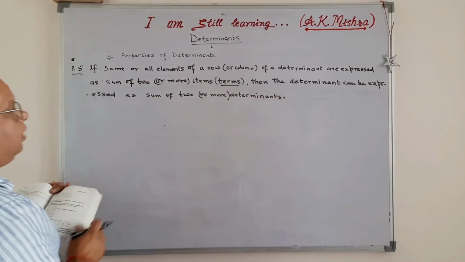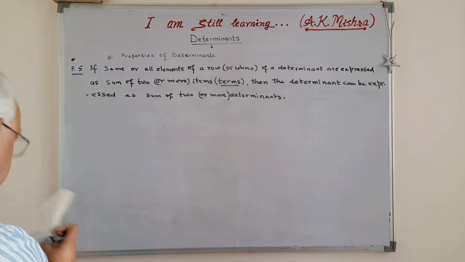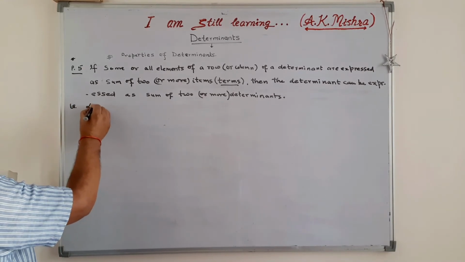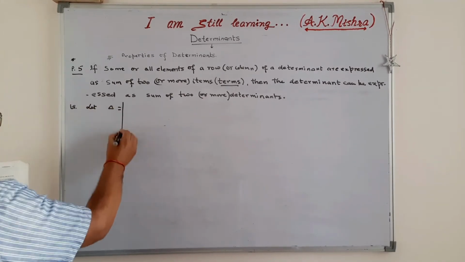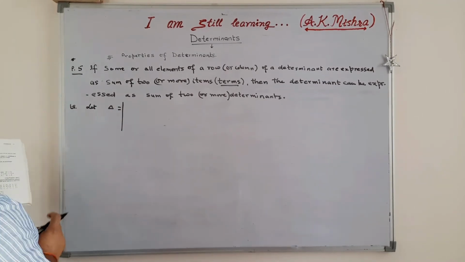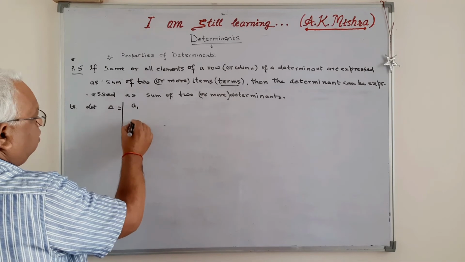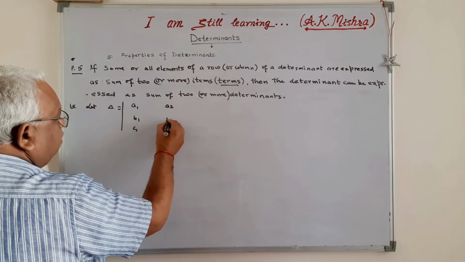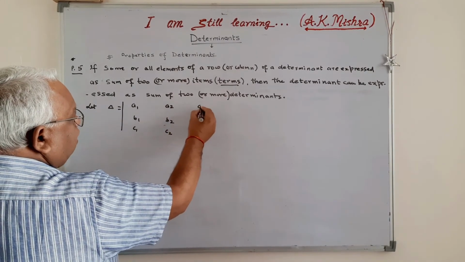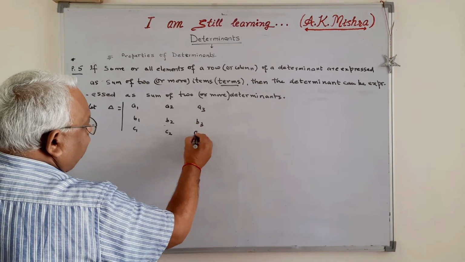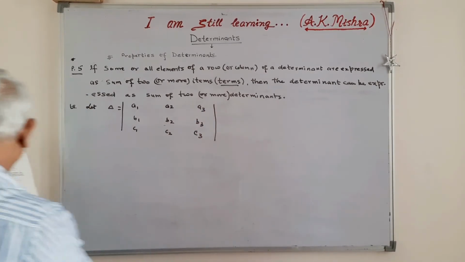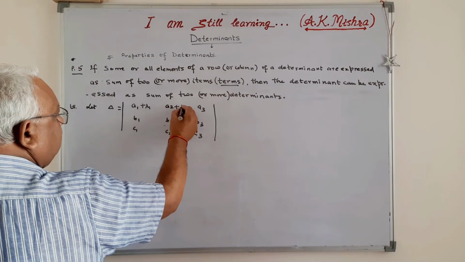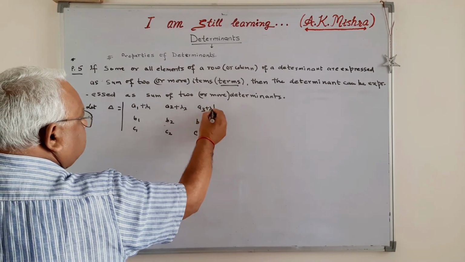I hope you have understood the meaning. This means let delta is equal to this. I'm just taking an example: a1, b1, c1, a2, b2, c2, a3, b3, c3. And what happened is here some other value is added: lambda 1, lambda 2, lambda 3.